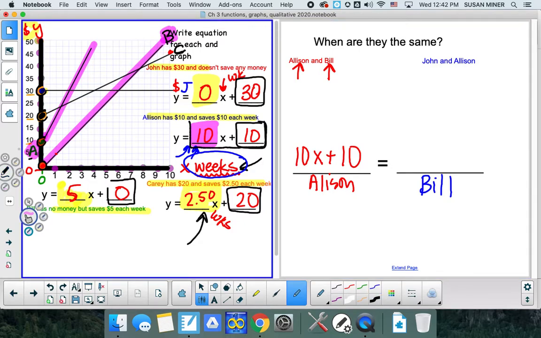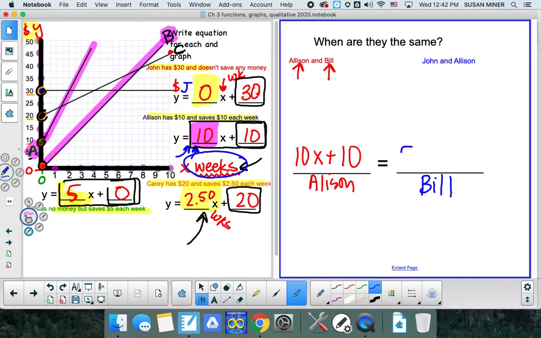I'm stealing just the x parts from these equations, from Allison and also from Bill, and sticking them into these blank boxes, because I want to know when Allison's amount of savings is the same as Bill's amount of savings. So I'm comparing Allison's function with Bill's function.